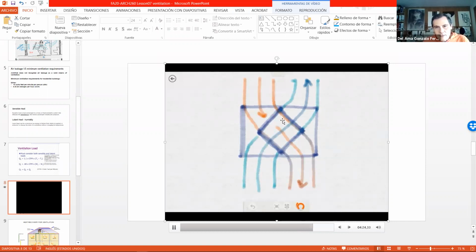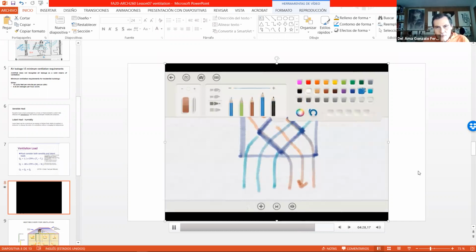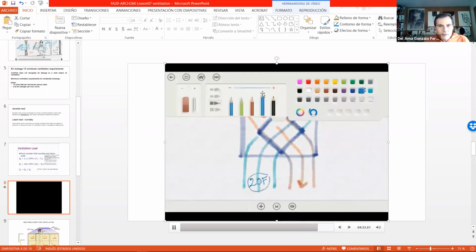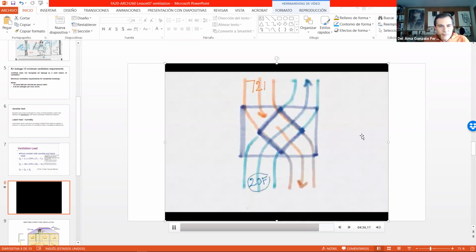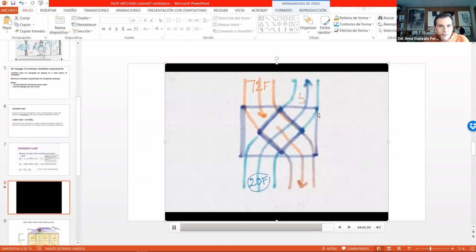And here on this element, we transfer heat. Okay, so imagine that this is cold, it's 20 Fahrenheit, and this is warm, it's 72 Fahrenheit. So in this device, we are transferring part of this heat of the air at 72 Fahrenheit, and then this supply air would be at 50 Fahrenheit. Okay, because we are transferring that heat.